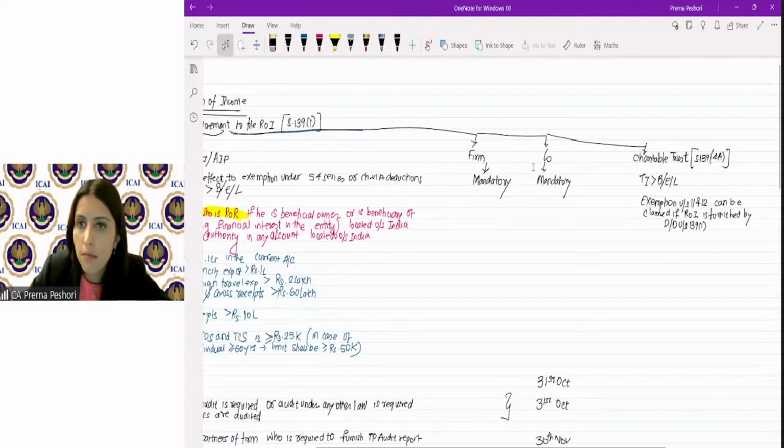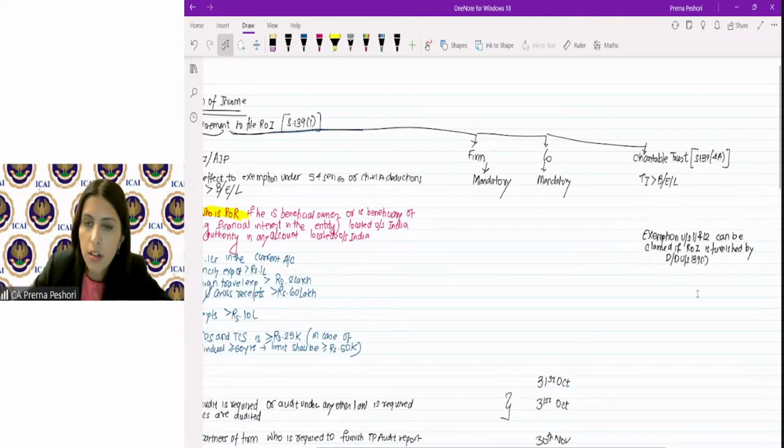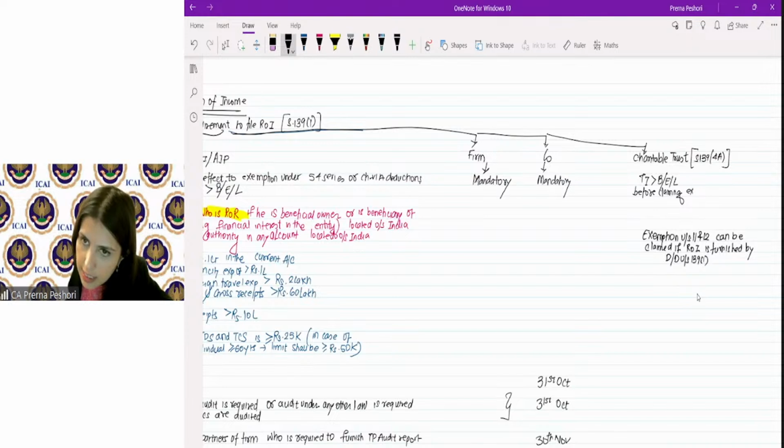Total income before claiming exemption under Section 10(23C) or 11 or 12. Fine.